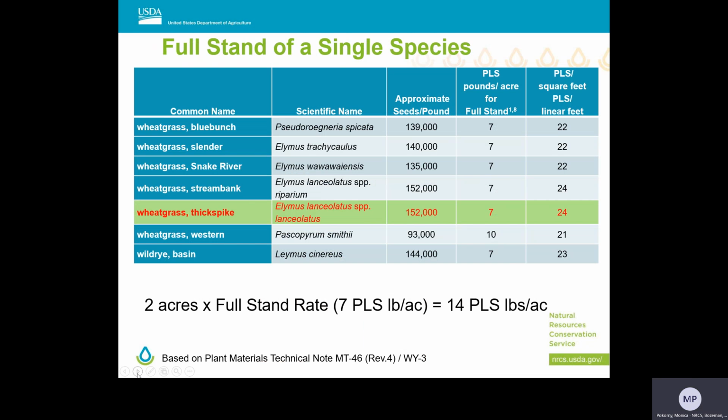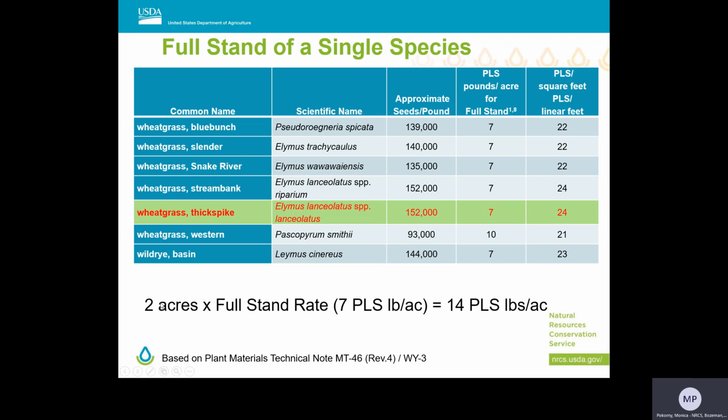First of all, we want to go to our plant material tech notes, and we want to look up what the standard full stand seeding rate is for 12-inch row spacing for thick spike wheatgrass. And we see that it's 7 pure live seed pounds per acre. The only thing that we would need to calculate then in this example is a number of pounds for the 2 acres we want to plant.